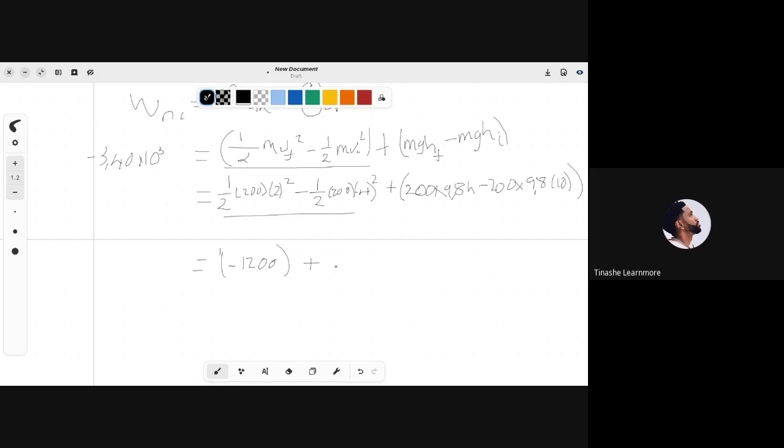Then we have a plus. So plus this. And what do we get for the potential energy? And of course we have to include the h. So what do we get for that one?